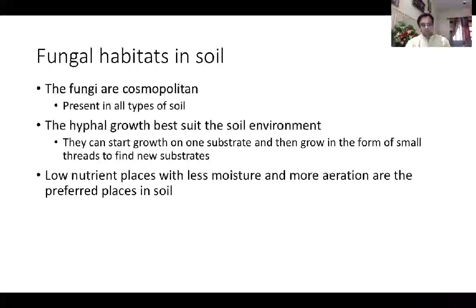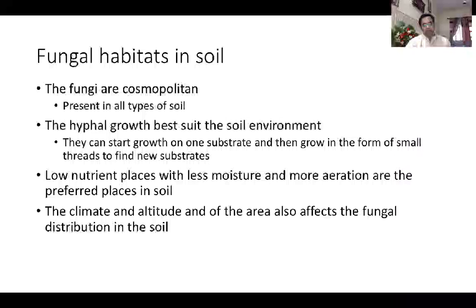And then the places with low nutrients and less moisture are also suitable for fungal growth, having more aeration. The fungal abundance and their diversity also change with climate and altitude. The areas where temperature rises contain different types of fungi as compared to the areas where there are low temperatures with high altitudes.